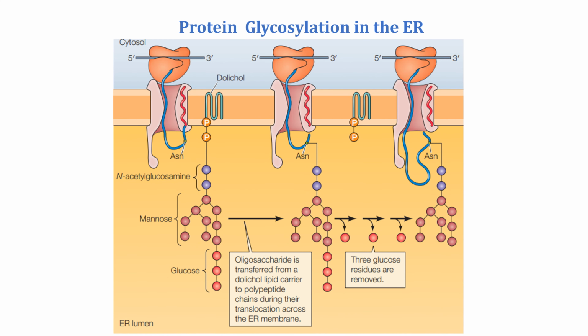Third is protein glycosylation in the ER. Proteins are glycosylated on a specific amino acid, asparagine. Here is the asparagine residue, and there is a glycosylation. Glycosylation just adds oligosaccharide to the polypeptide chain.